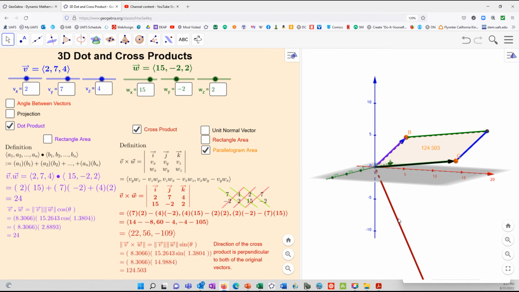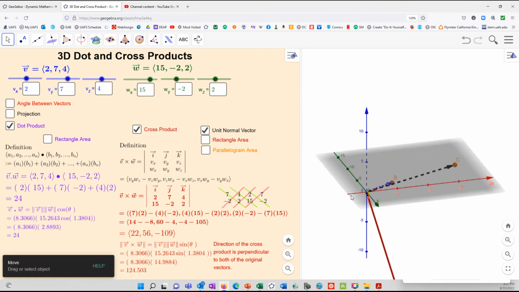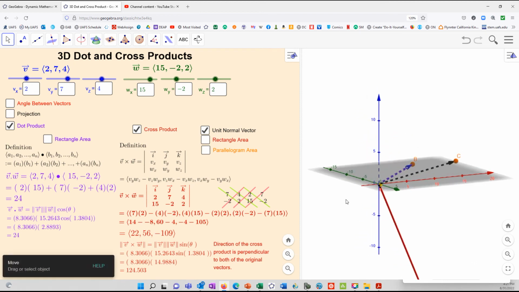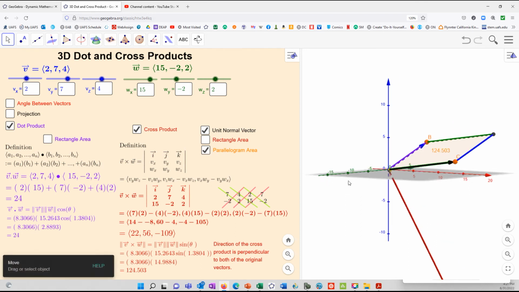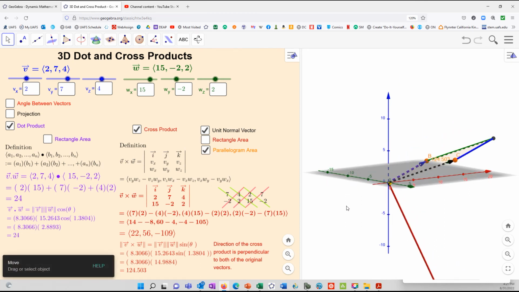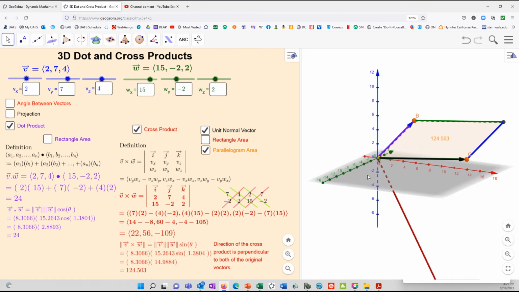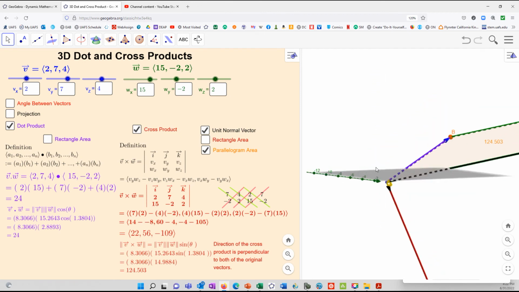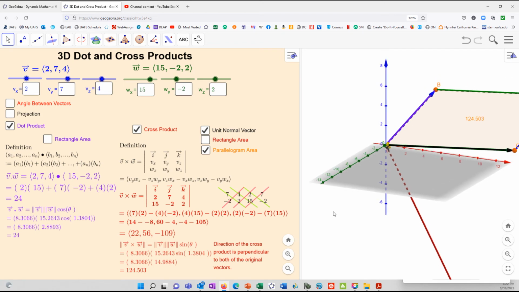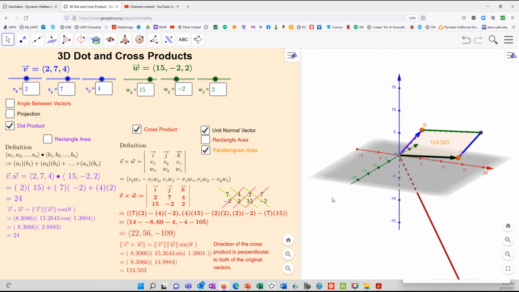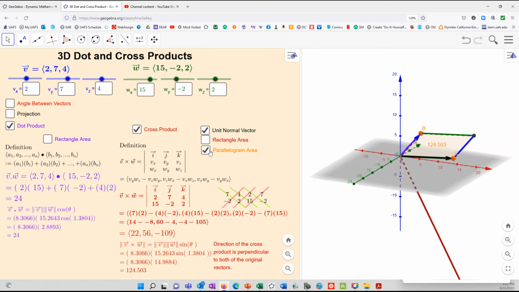Now, if we took this vector here and divided by its magnitude, we would just get a unit normal vector, a vector that is perpendicular to that plane. It's pretty small in this one right here, but if I zoom in close, you can see it right there. Length 1, that's a unit vector in that direction.